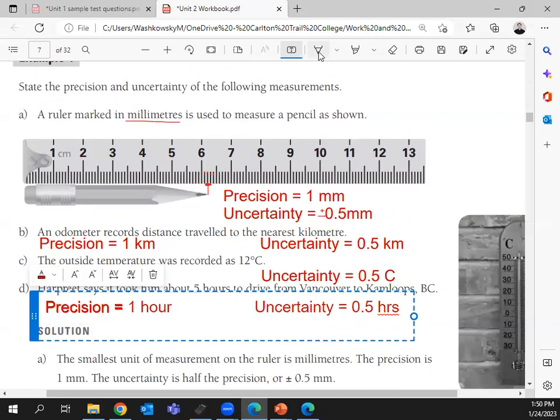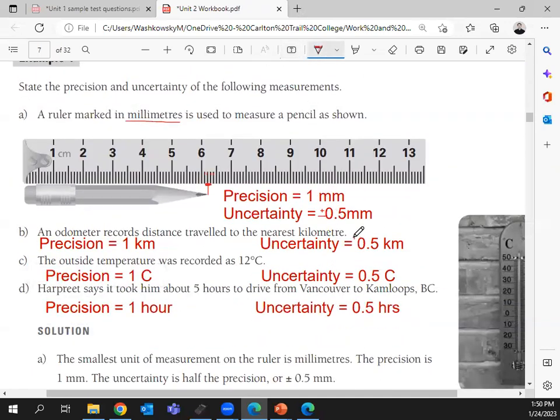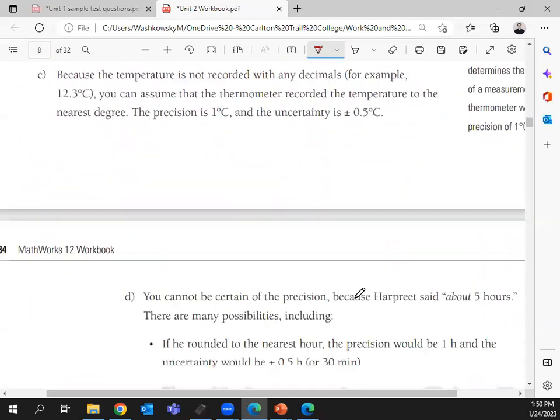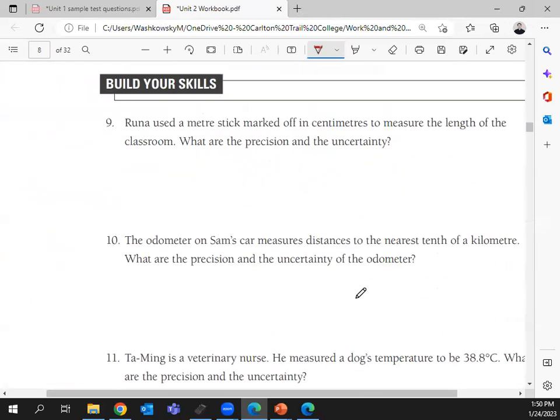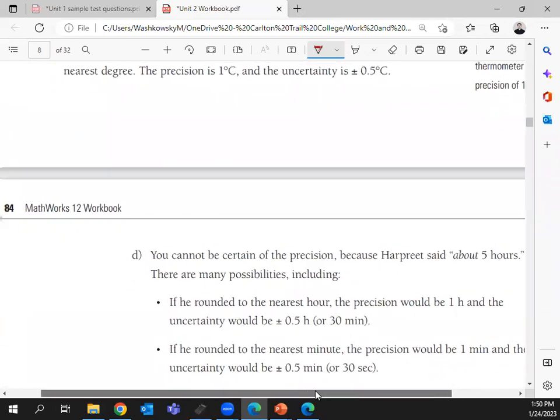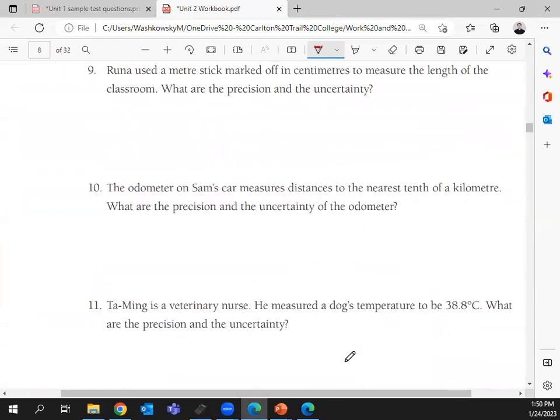And remember, for all of these uncertainties, you should have this little plus or minus in there, right? For those ones, yes. But when we get to some later stuff, not quite, when we put it to specific examples. So you can see questions 9, 10, and 11 here on page 84. There are 3 questions there.